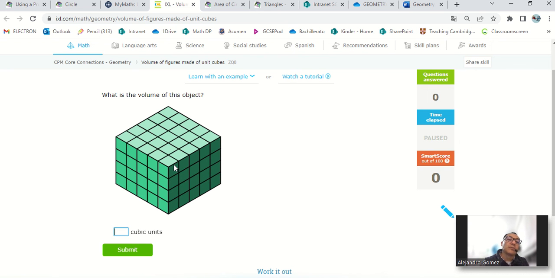And now I want to multiply it by the depth of it. No, Alejandro, it's not depth, it's the length. Oh, well, some other people will say it's the width. It depends on your perspective. So 20 times how much? 1, 2, 3, 4, 5 is 100, right? And that is what we are going to type over here.